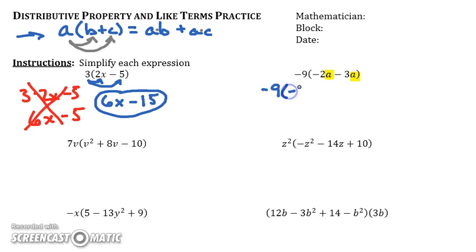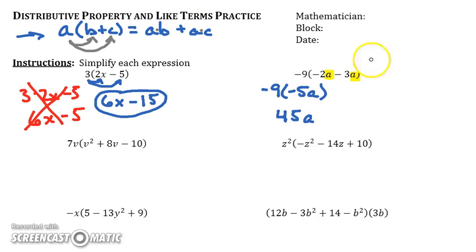Oh, I owe 5 apples overall. So I'm taking this negative 2a, subtracting 3a, that gives me a total of negative 5a. Then if I multiply negative 9 times negative 5a, that gives me a positive 45. A negative times a negative is a positive. 9 times 5 is 45, and then I have a just along for the ride.